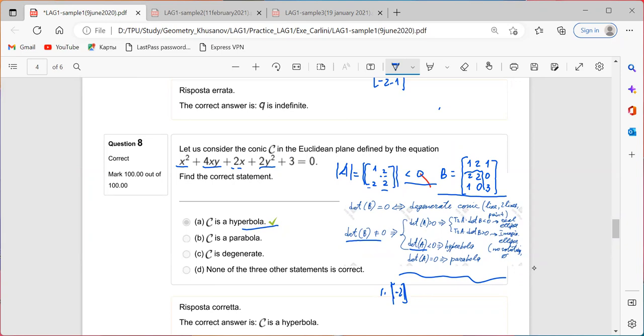Then plus 3 multiplied by the determinant of the cofactor, which is 1 times 2 minus 2 times 2, so 2 minus 4, it will be minus 2.